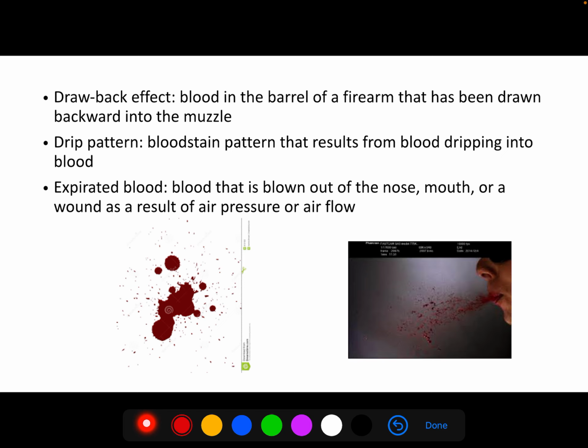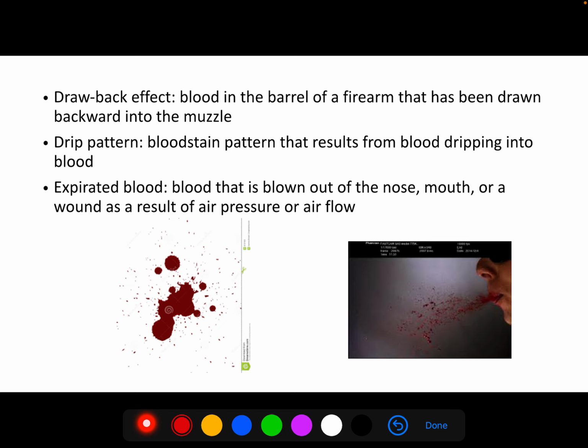Well, when that happens, if there is blood in the air around the weapon, that blood can be sucked up into the barrel of the firearm and get drawn back into the muzzle. So even if someone commits a shooting, they clean the outside of the weapon, there might be traces of blood on the inside of the weapon from that drawback effect.